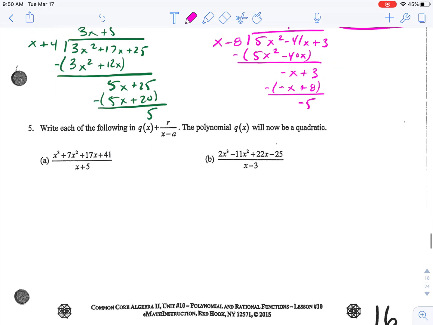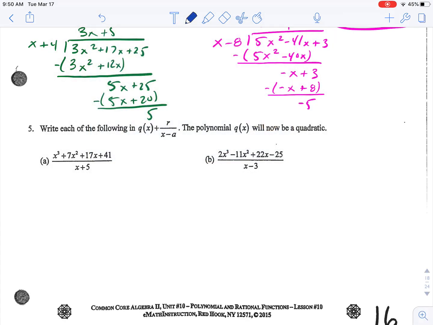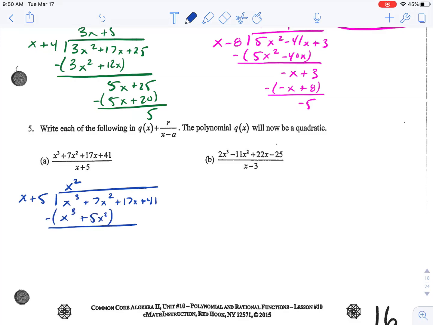All right. And 2 to go. Okay, x plus 5 into a cubic this time. All right, x times x squared is x cubed. Distributing, x cubed plus 5x squared. Subtract, 2x squared, bring down the other stuff.